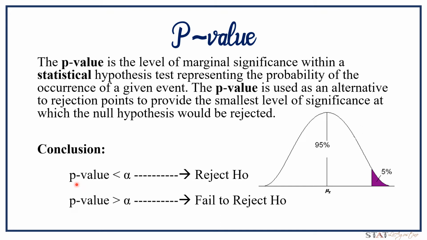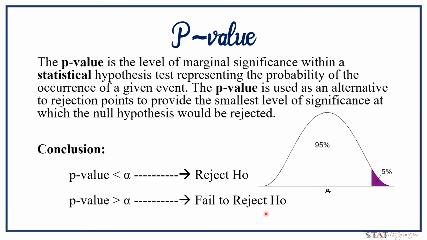So in conclusion, if the probability value is less than your alpha, or less than your level of significance, then your decision must be to reject HO. And if your p-value is greater than the level of significance, or your alpha, which is usually 5% or 1%, then you fail to reject HO.